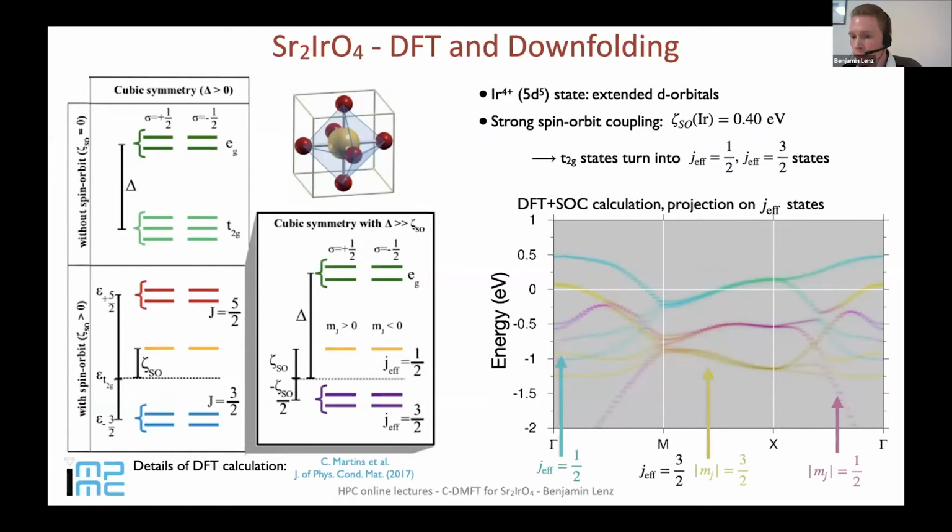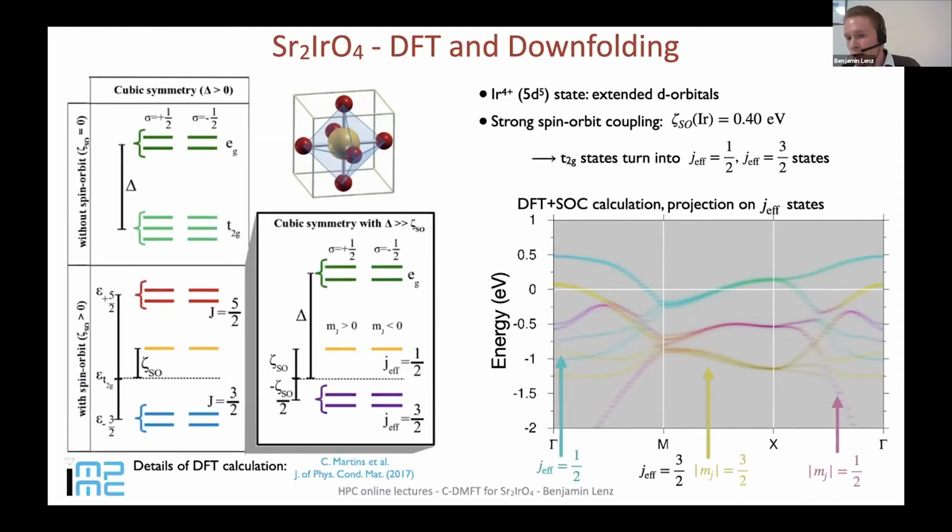So this is now the band structure as calculated with DFT as a function of the wave vector k for a path along certain high symmetry points. You see three different bands which are color coded. Here we coded the J-effective 1/2 band in blue and the J-effective 3/2 bands in yellow and in red.